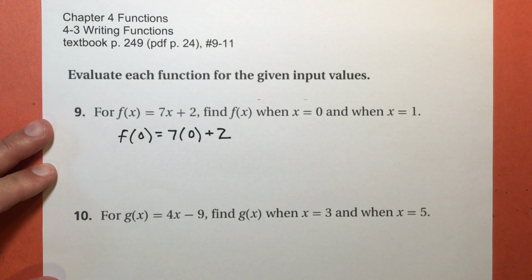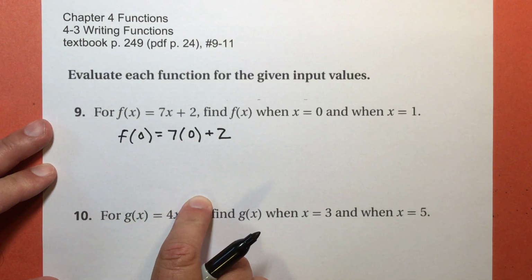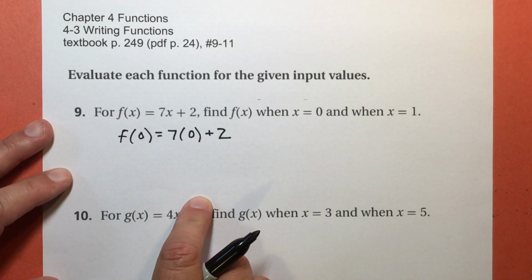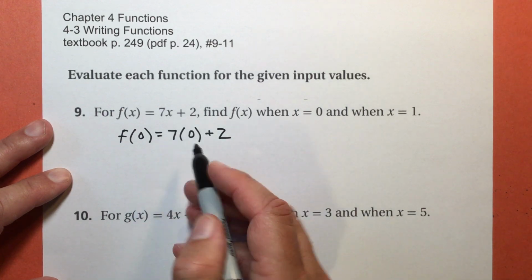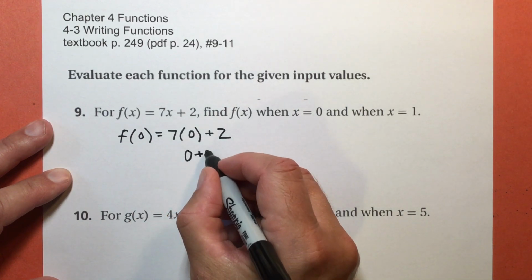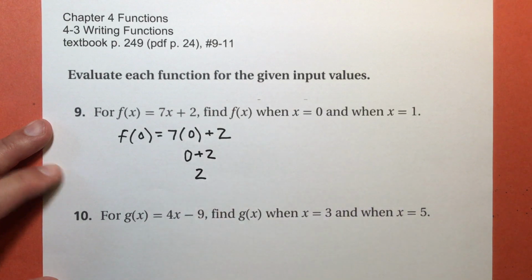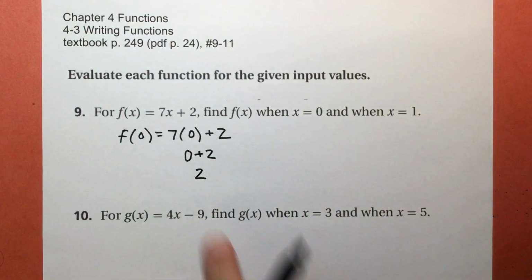And now I'm going to simplify this in order to figure out what the result is. 7 times 0 is 0, and 0 plus 2 equals 2. So f of 0 equals 2, and you can leave it just like that. We talked in the other video about not putting extra equal signs in there. That causes confusion, so we wanted to avoid that.